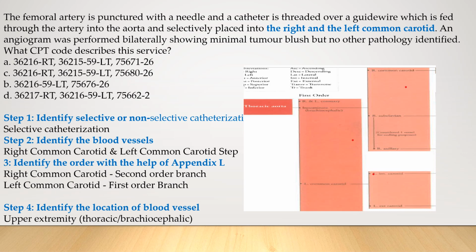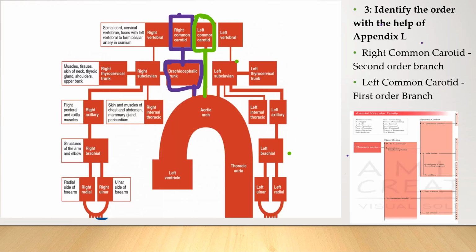So let's go ahead. Our vessels are right common carotid and the left common carotid. Now I have given you this particular diagram which is there in Google. You can always search, it's an excellent diagram. So the right common carotid is the second order branch, and then the left common carotid is the first order branch.